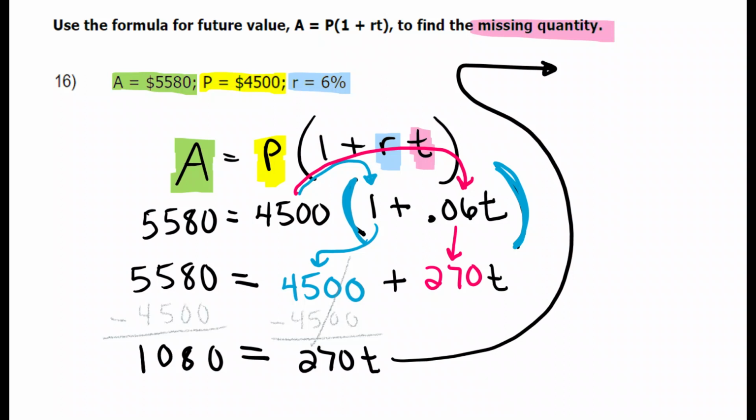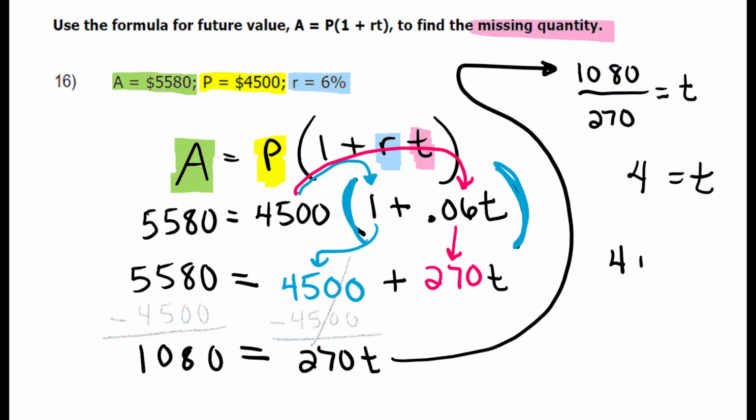And I'm kind of out of room, so follow me up here. And now, since 270 times some number would equal the 1,080, if I take the 1,080 and divide it by the 270, that should give me the number that I am looking for. So 1,080 divided by 270 comes out to be 4.